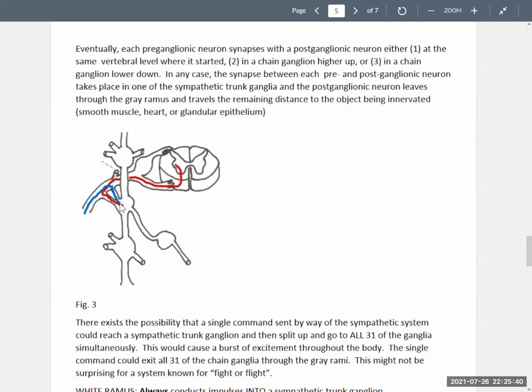It does. That's what the result is. Yes, that's the result. But why have two neurons anyway? Why not just go straight to the organ? Can the preganglionic neuron synapse with multiple neurons to send the signal to a lot of different places at once?